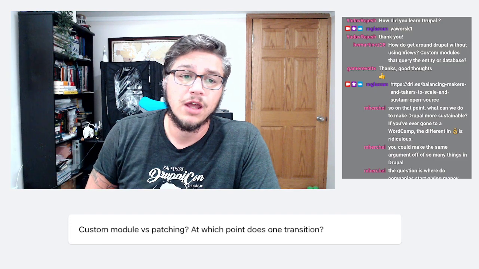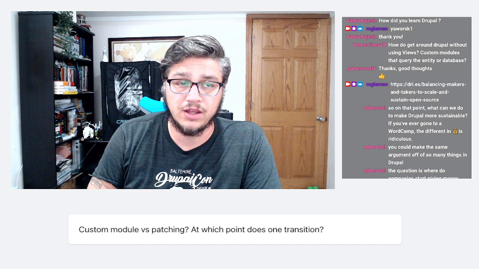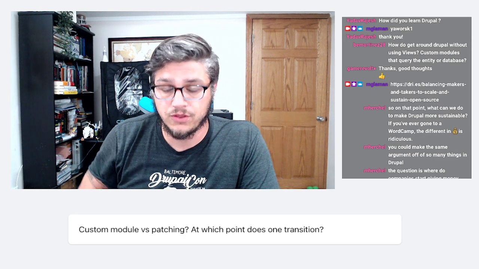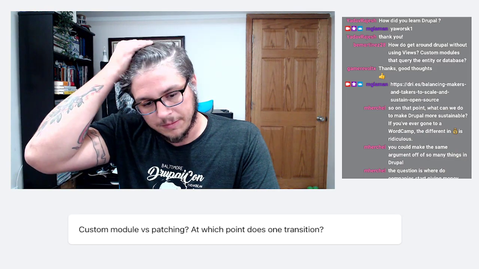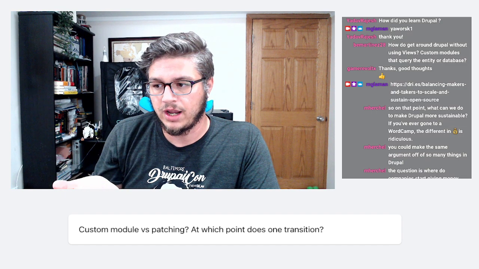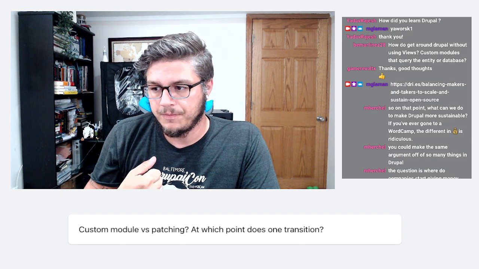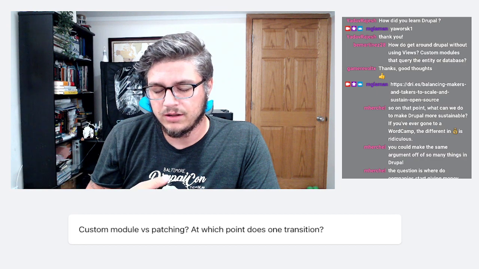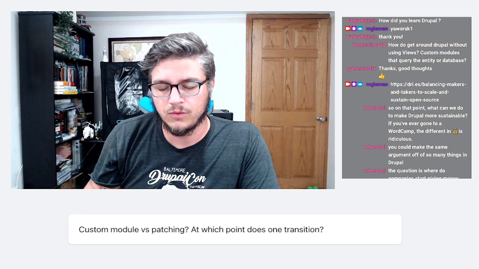What I'll usually do still is create the issue and create the patch for that project, but in my code I will do the class override and document it with the link to the Drupal.org issue.